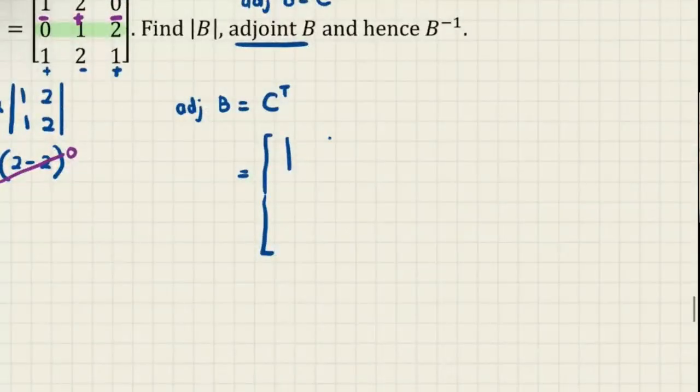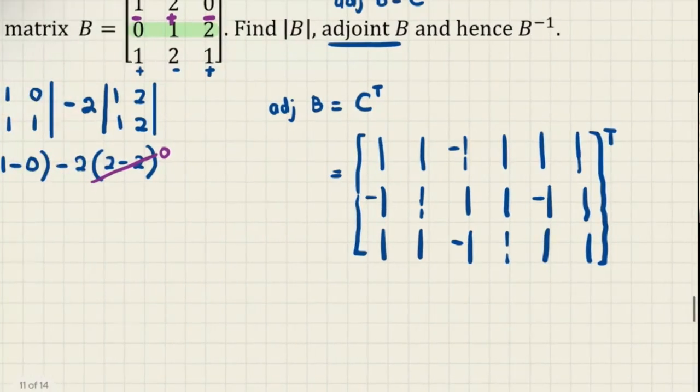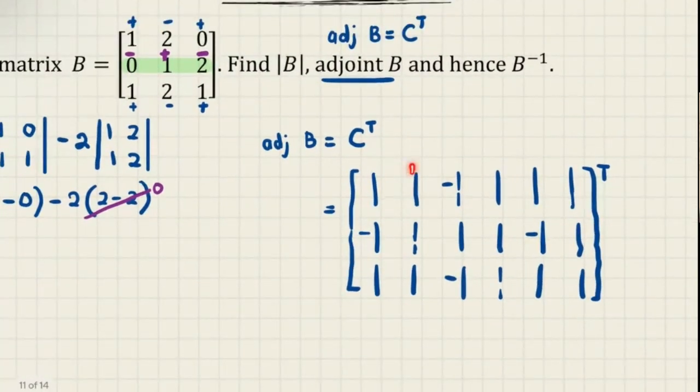So positive, negative, positive, negative, positive, negative, positive, negative, positive. Kemudian nanti kita akan transposkan dia. So saya letak T dahululah. Okay. So sama macam last lesson. Untuk first element, ini adalah A11. So first row, first column, tinggallah 1, 2, 2, 1.